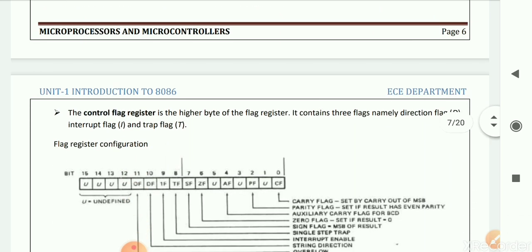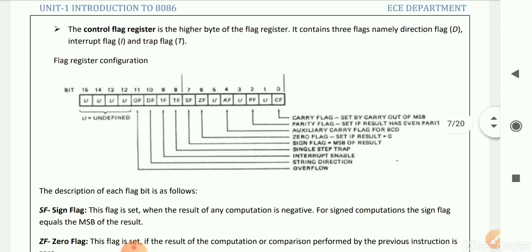You may see in the diagram D11, D10, D9 and D8.